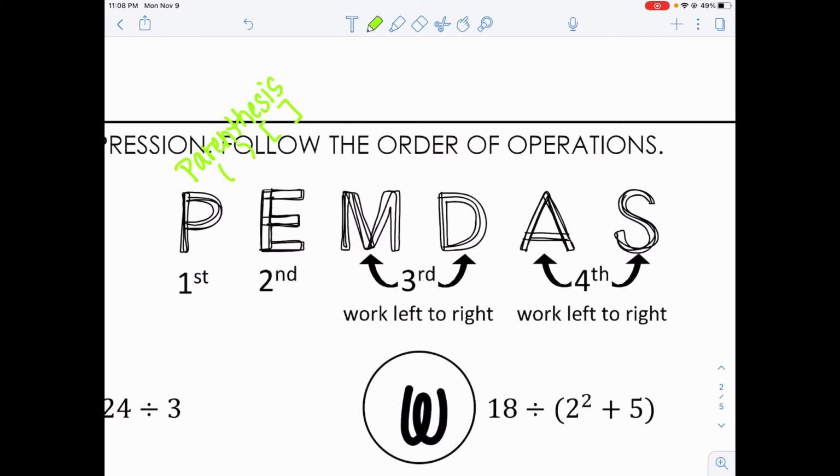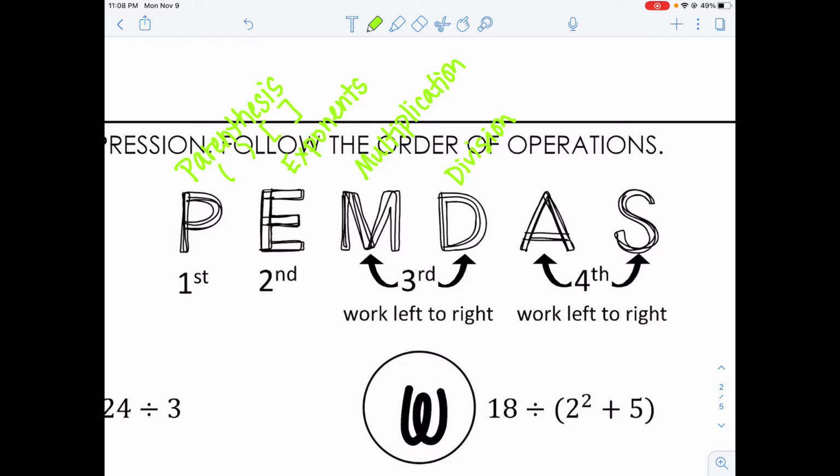E is the second thing that we do, and E stands for exponents, which we just talked about from the page before. Now, you'll see how they say third, and they have an arrow for each one. M stands for multiplication, and D stands for division.